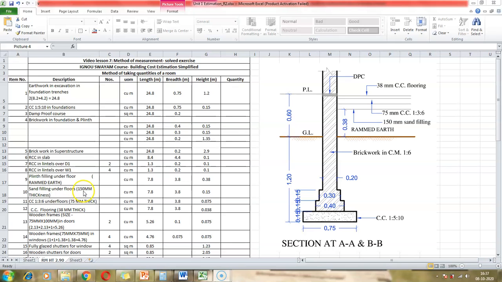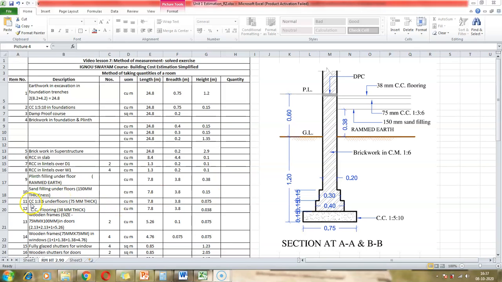We've seen that it is 150 mm thickness, and we can get that from the foundation drawing also. We see that above the rammed earth we have 150 mm of sand filling, and we have to convert it into meters, so it becomes 0.15 meters. So that is item number 10, sand filling under floors.